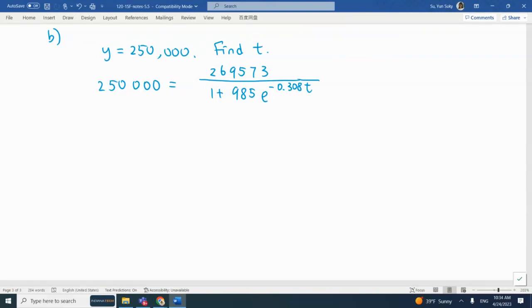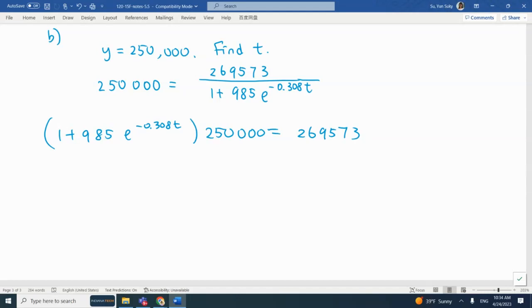So both sides multiply by 1 plus 985 e to the negative 0.308t. 250,000 times that equals 269,573. Is that okay, everybody?